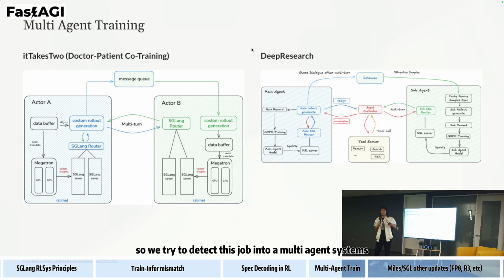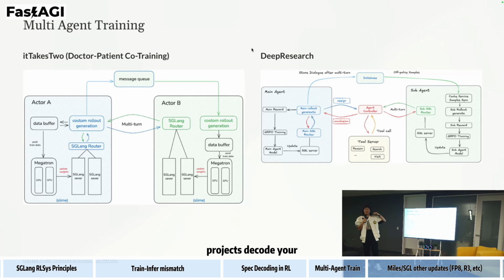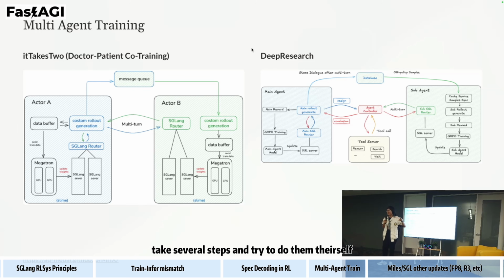So we try to split this job into a multi-agent system. We have one planning agent that tries to decouple your problem into several steps, and we have several sub-agents that each take several steps and try to do them themselves, and then summarize and return to the planning agent.